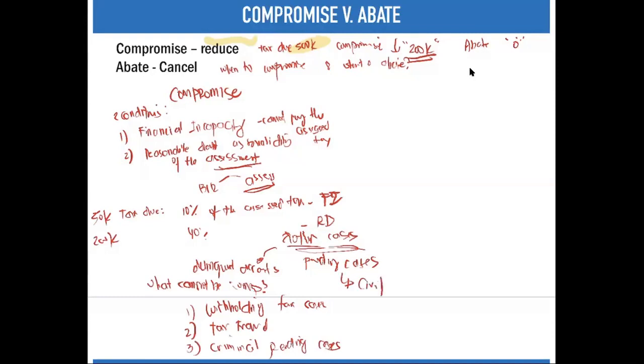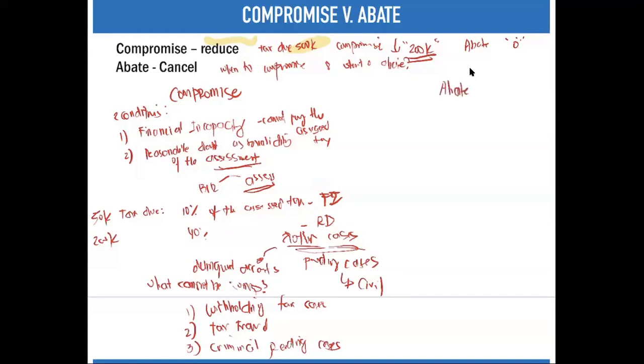Only civil pending cases. Criminal pending cases cannot be compromised, but civil pending cases can be. Okay? So compromise, take note: reduction, conditions of financial incapacity and reasonable doubt, rates of 10% and 40%. And what cannot be compromised? Withholding tax cases, tax fraud cases, and criminal pending cases.